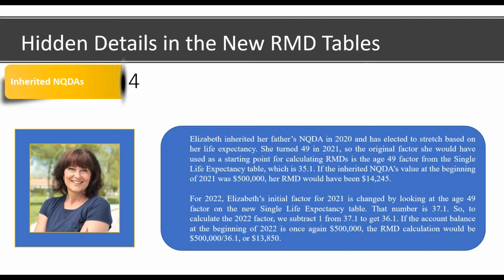For 2022, just like with inherited IRAs or inherited qualified accounts, we're going to recalculate Elizabeth's life expectancy factor using the new life expectancy table. And so we pull the factor for a 49-year-old from the new table. That's 37.1.